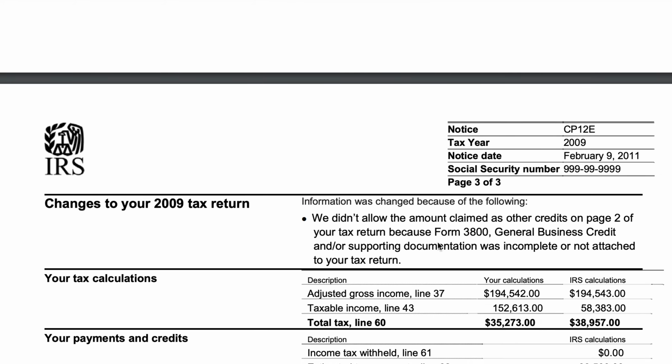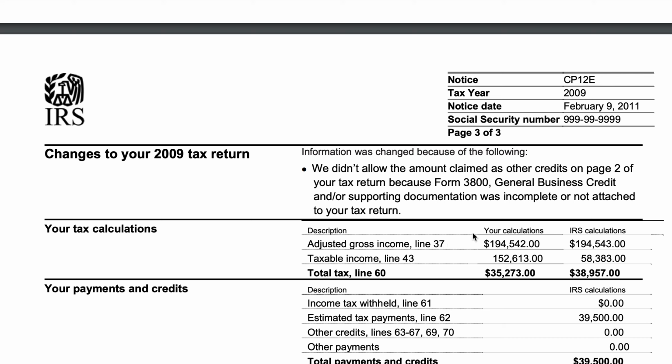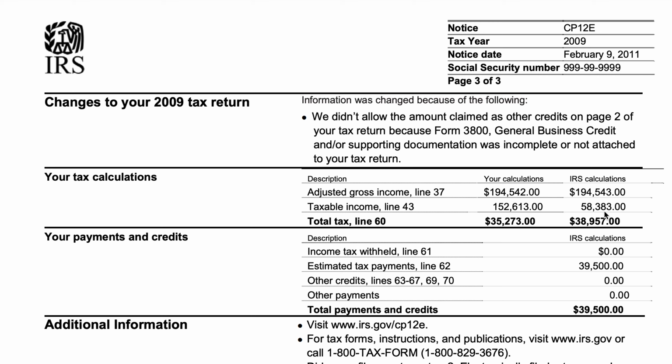On the last page, basically, this says that we didn't allow the credit claimed as other credits because your supporting documentation was incomplete. So, there's a series of calculations here that don't really make sense.